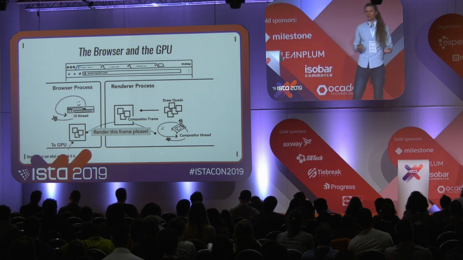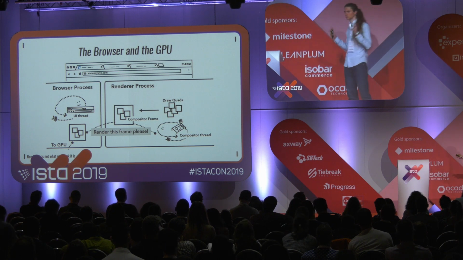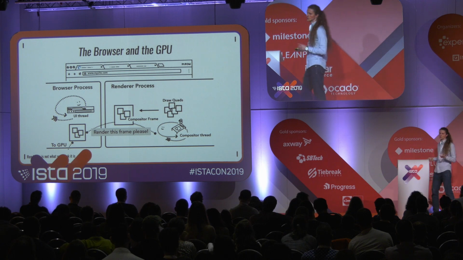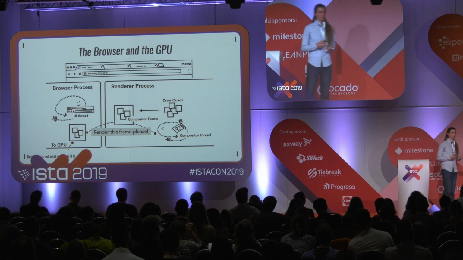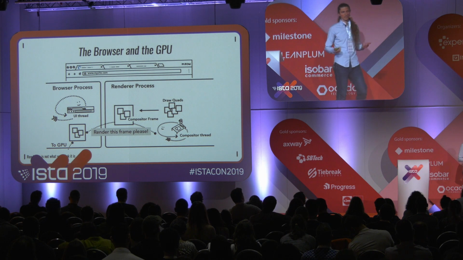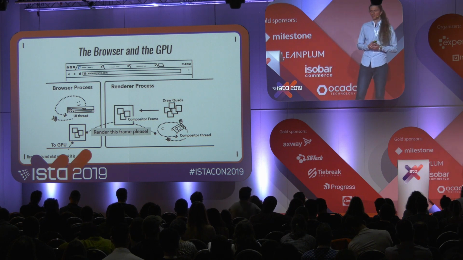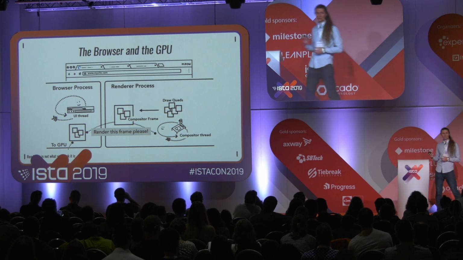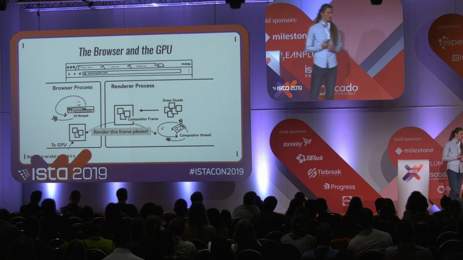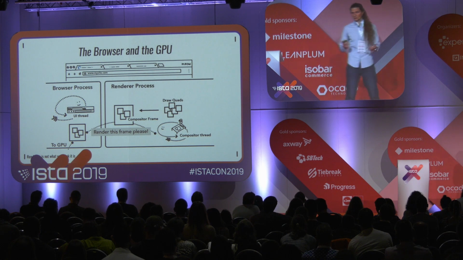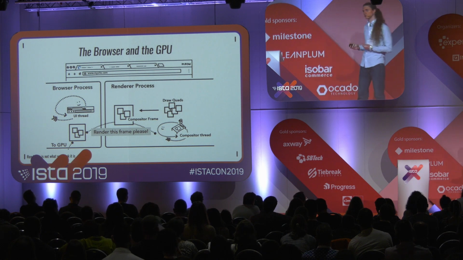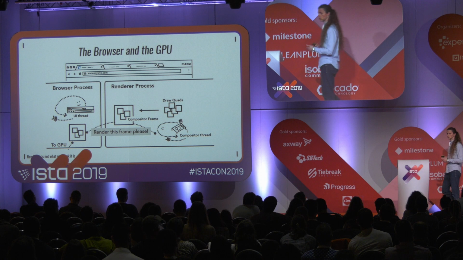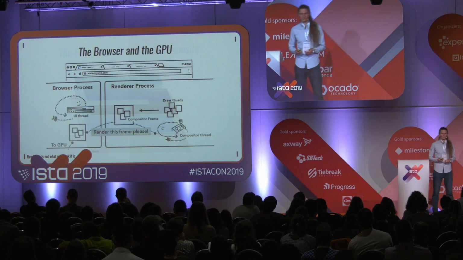Even though Skia can actually draw in a software mode, which basically is done on the CPU, it can at the same time do this on the GPU, and it has rendering backends for basically different platforms. So a lot of versatility there. And the additional benefit from that is that they can be executed in parallel, meaning that the CPU can do one thing and the GPU can do another.